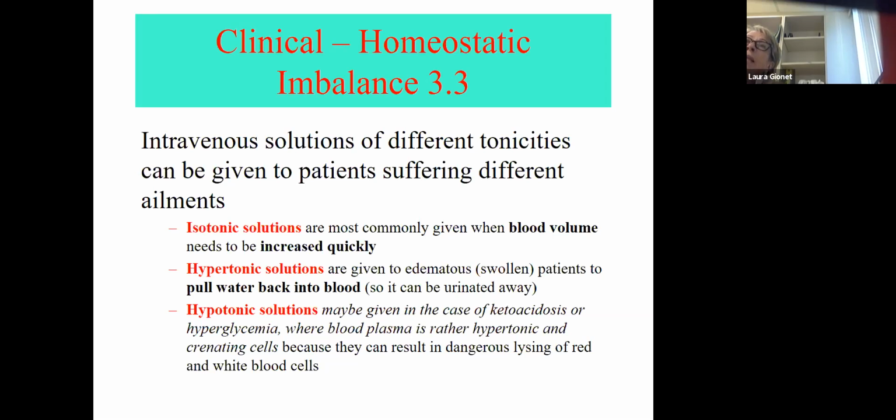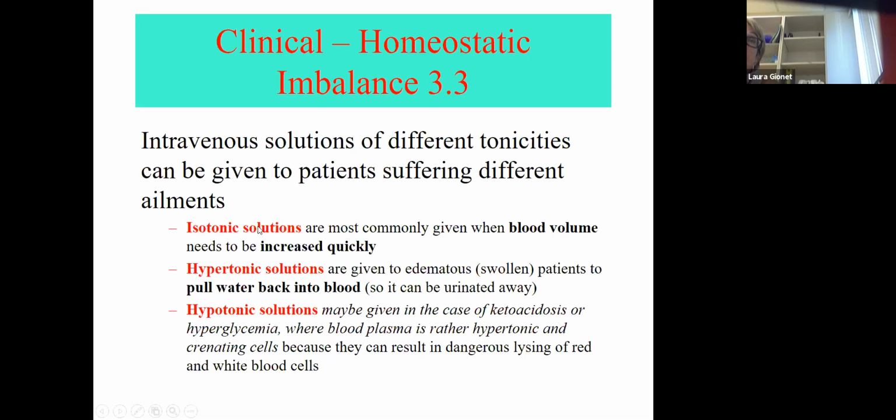Isotonic solutions are commonly given when blood volume needs to be increased quickly. An example of that would be severe dehydration. If the number and quality of your red blood cells and white blood cells and platelets are good, you're just really, really dehydrated, you just set them up with an IV solution of saline pretty much.